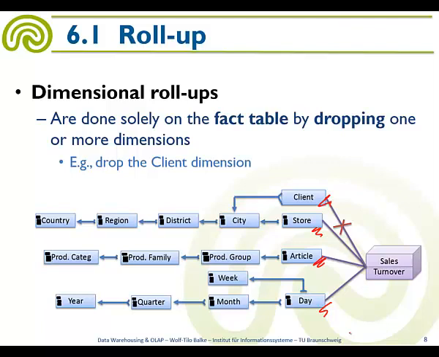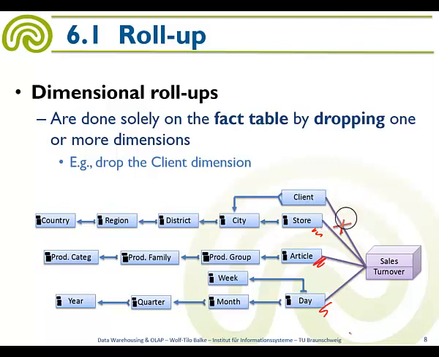Then you can just say, okay, I don't want it per individual customer anymore. Just sum up all the customers in a certain location, right? And then you just drop the dimension. You don't know about the customer anymore. You get an aggregation over all customers in that location for that article at that day, right?